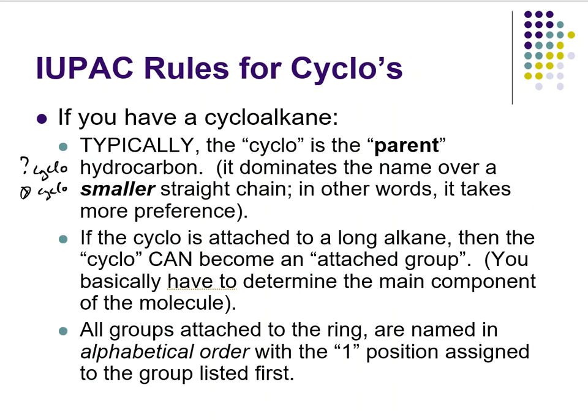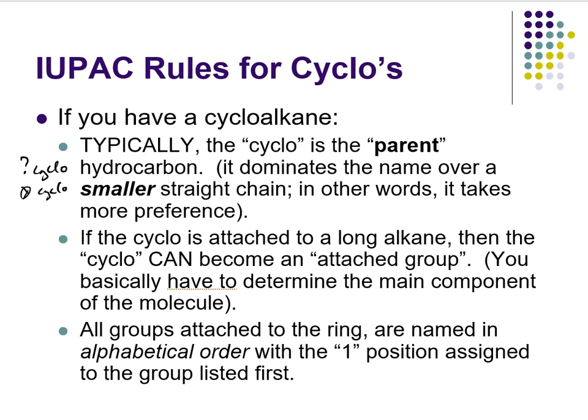There are going to be moments where the structure drawn as a circle will be classified as the parent chain, and we will name it as such. Other times, the circled structure will be a substituent attached to a much longer part of a molecule, and we handle that a little bit differently.